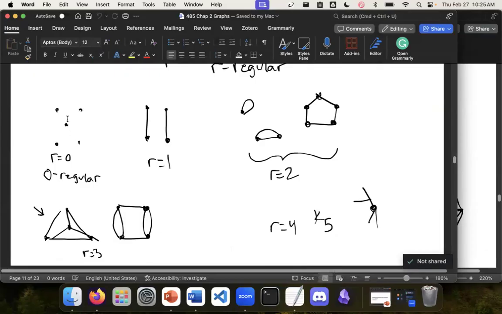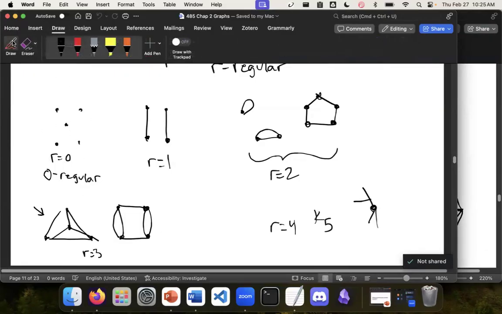So we had some examples. An R regular graph, or a 0 regular graph where there's just no edges, the degrees are all 0. A 1 regular graph that happens to be disconnected. A series of 2 regular graphs. Here the loop for a single vertex counts as 2 because there's one going out and one coming in.